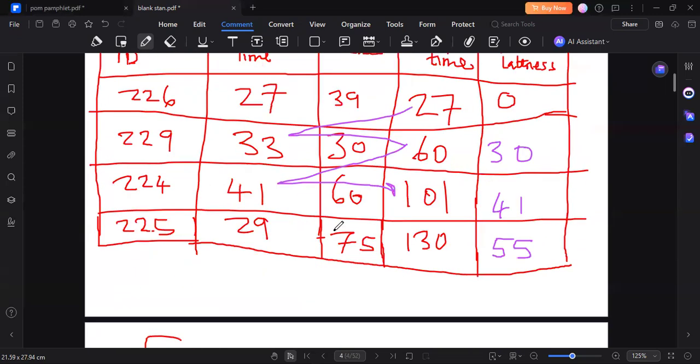So let's check here. 27 plus 60 plus 101 plus 130. So this is 318, the total. The total of the processing time is 130. The total of the lateness, 30 plus 41 plus 55, is 126.